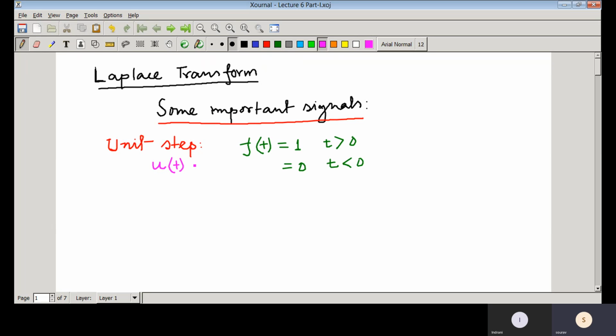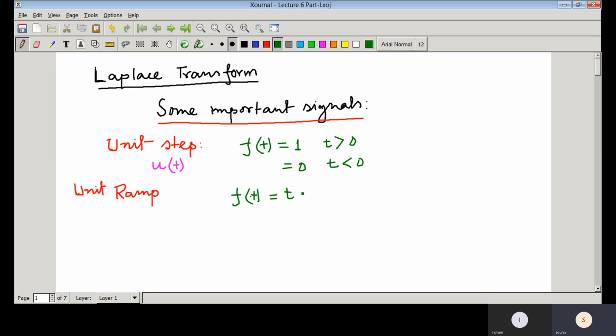The other signal is the ramp signal. It is the unit ramp, which means that the slope is 1, and it is defined as f(t) equal to t.